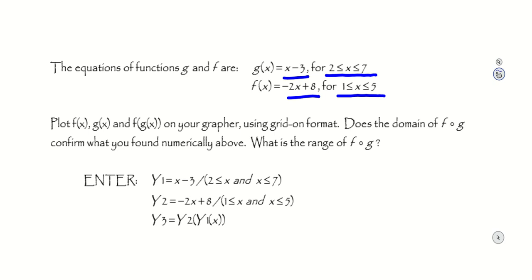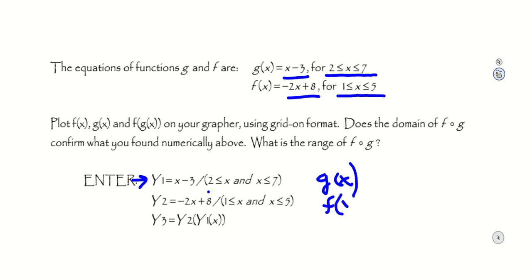We know how to graph that in our calculator, and if we plot each of those, then G would be y1 equals x minus 3, given that 2 is less than or equal to x, and x is less than or equal to 7.